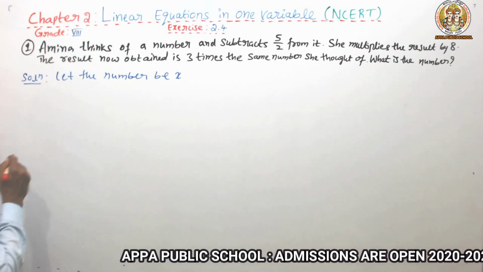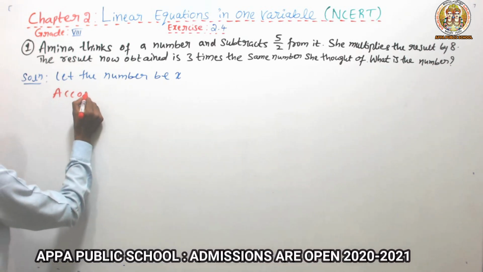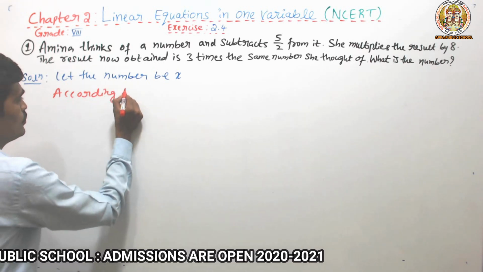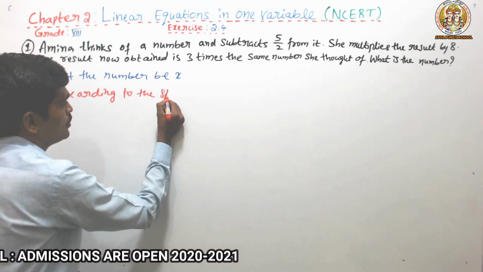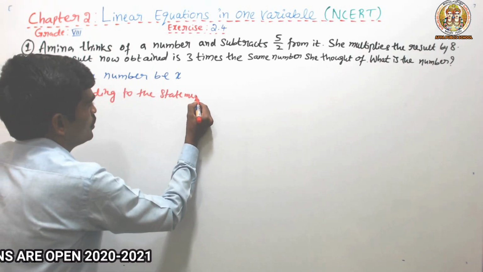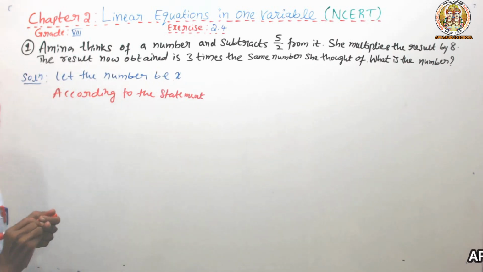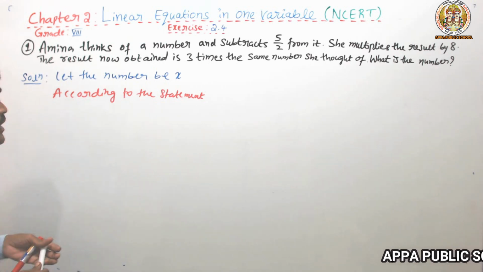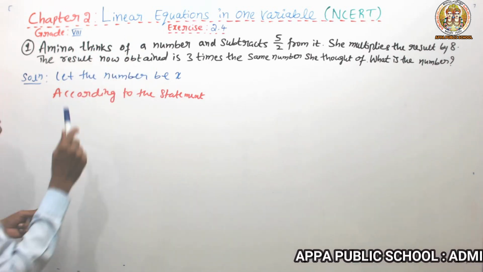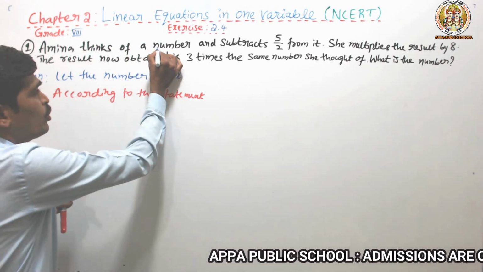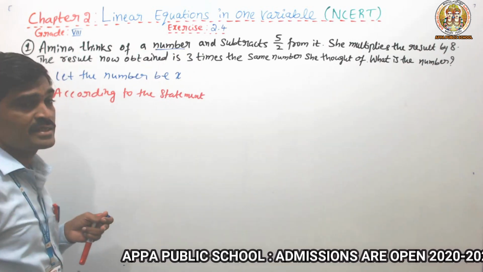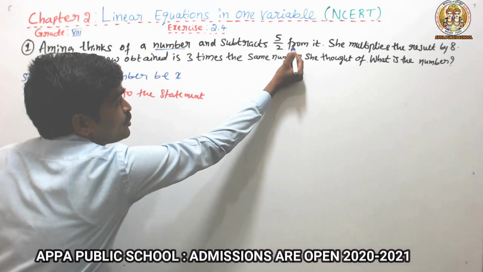According to the statement, my decision on how to convert the statement into an equation is very important, so listen carefully. Amina thinks of a number we don't know, that's why we consider it x, and subtracts 5 by 2 from it.